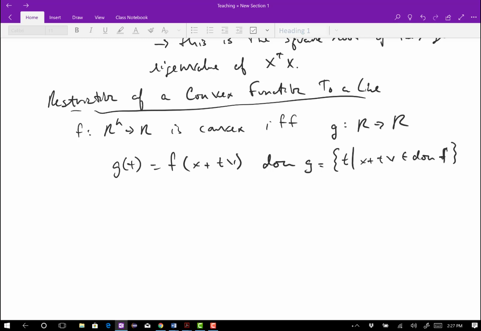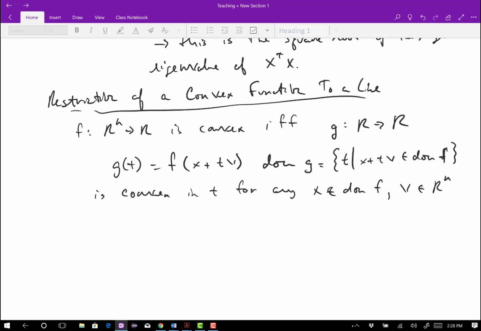So f is convex if and only if g, which is a mapping from R to R, where it is f of x plus tv, where the domain of g are t's such that this argument is in the domain of f, so this needs to be a valid expression, is convex in t for any x in the domain of f and v in Rn.